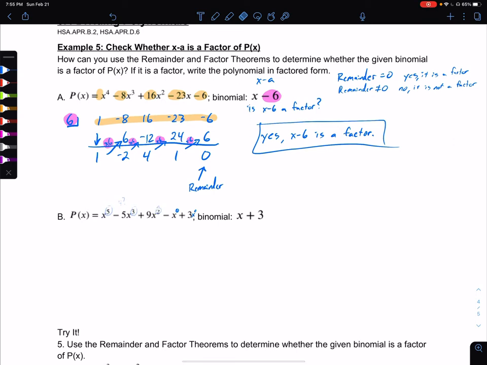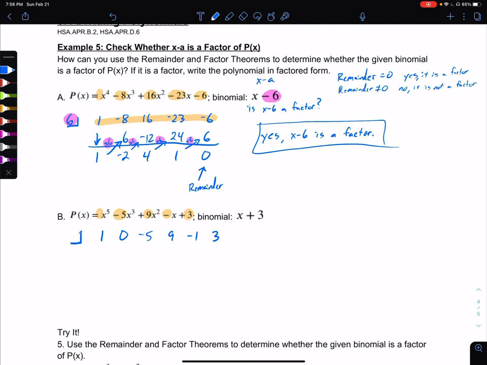So I need that placeholder. So this is a good example of what we need to do. So let's take our leading terms. That first one would be a 1. The x to the fourth is missing, so we need a 0 placeholder. And then we have -5, 9, -1, and 3.